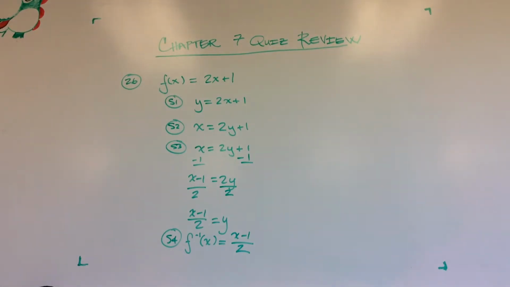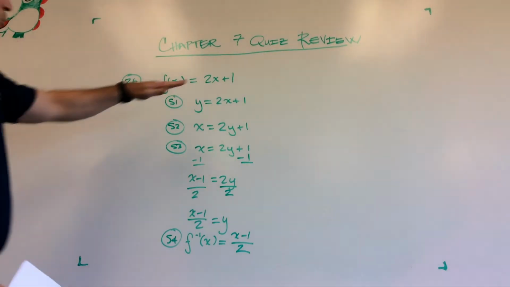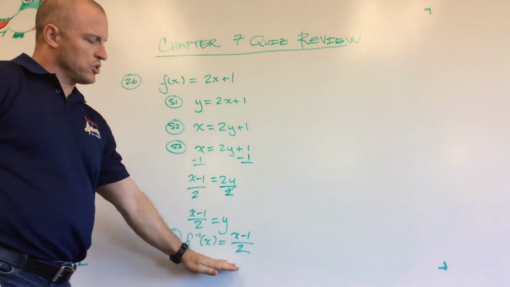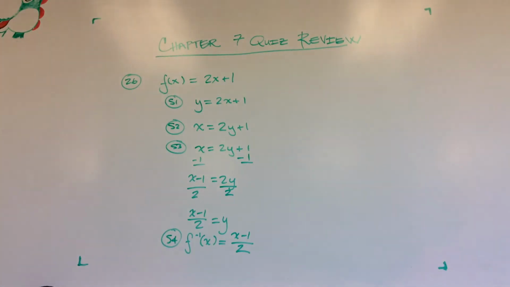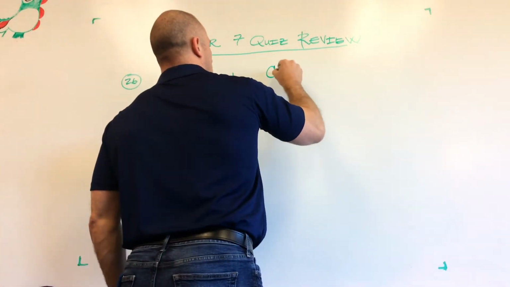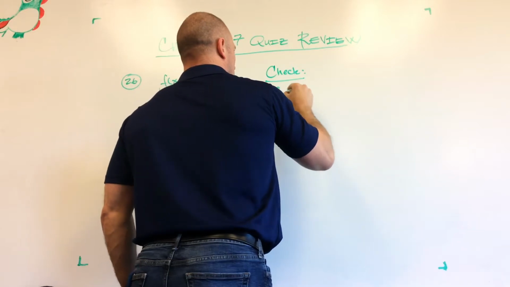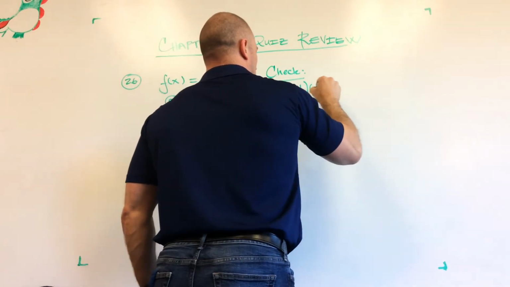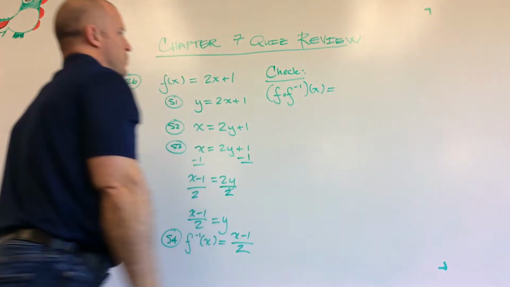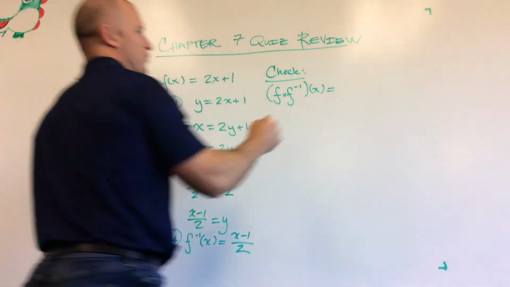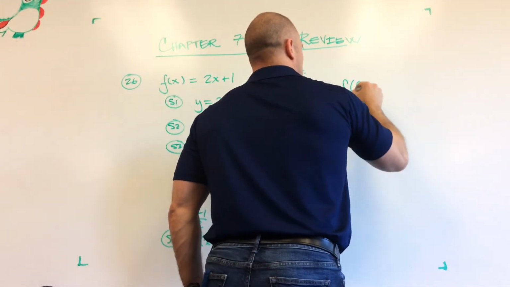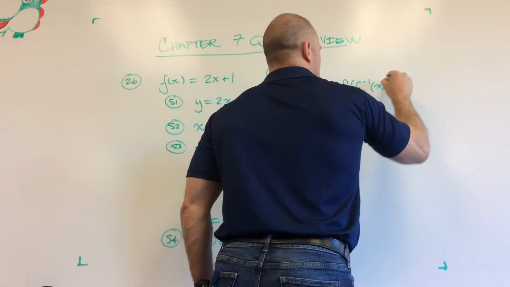Lastly, we'll do our check. To do a check, we take the original function f, and we compose it with its inverse. If the composition comes out to be equal to simply x, then we've done the inverse calculation correctly. F composed with f inverse means we're going to take the function f, and it's going to have a new input of the inverse function.